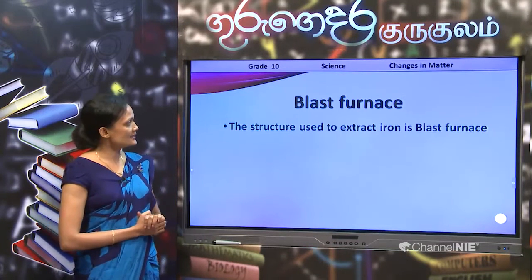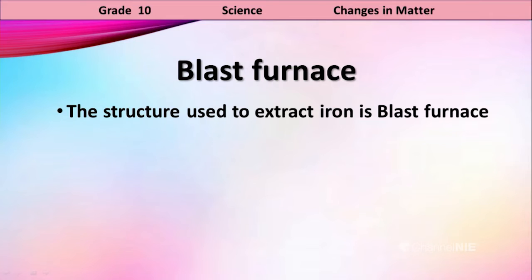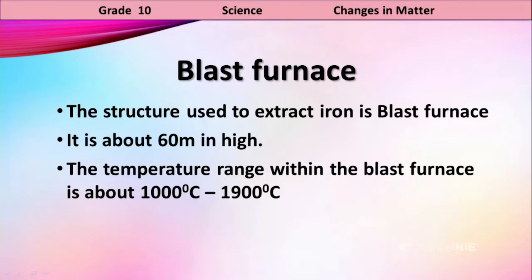So we consider it as the blast furnace. The blast furnace is about 60 meters in height, and the temperature range within it is about 1000 degrees Celsius to 1900 degrees Celsius.